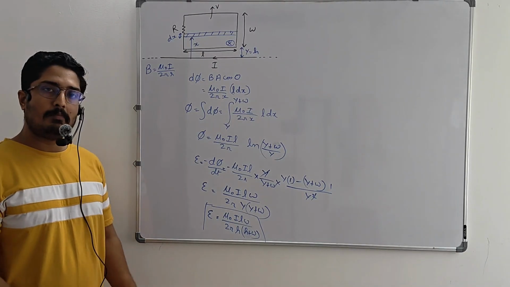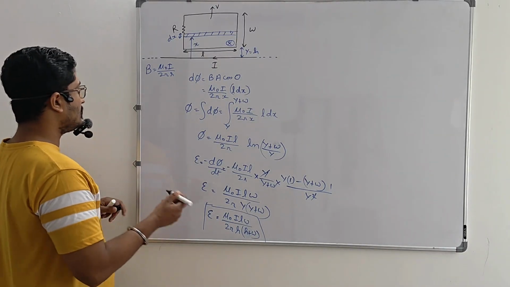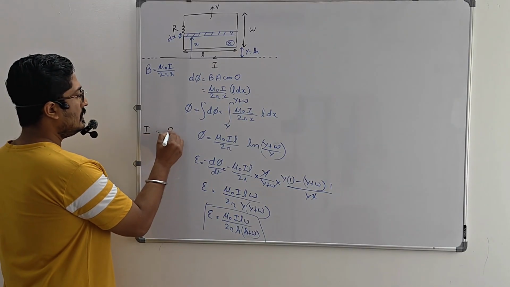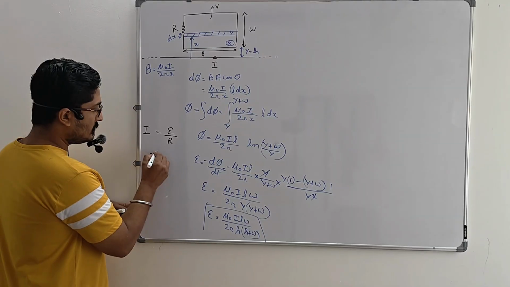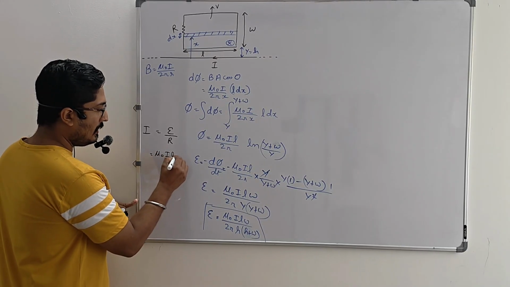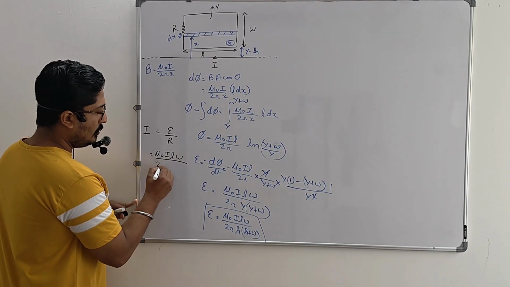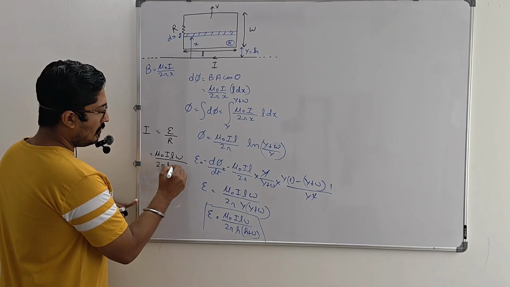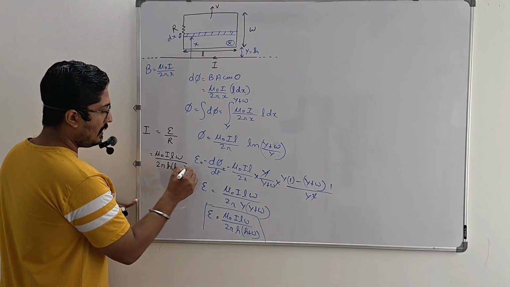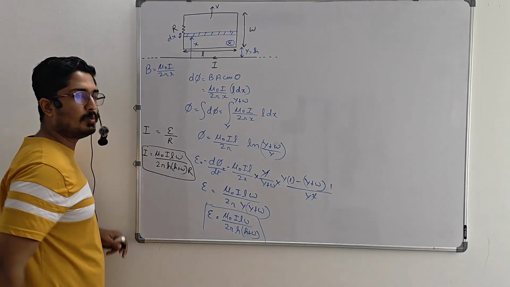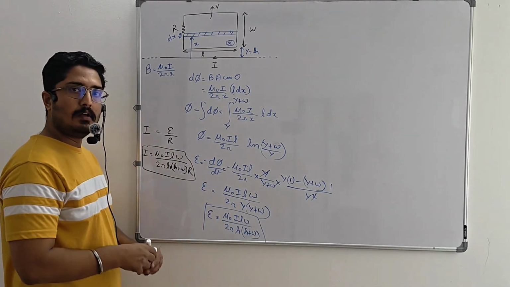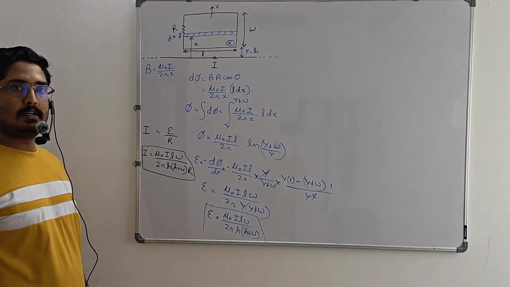That current can be obtained by just one last step, that current I is equal to E by R. So just divide this by resistance R and you get the current. So current will come out to be mu naught I L W divided by 2 pi h into h plus W and R. This becomes the current.